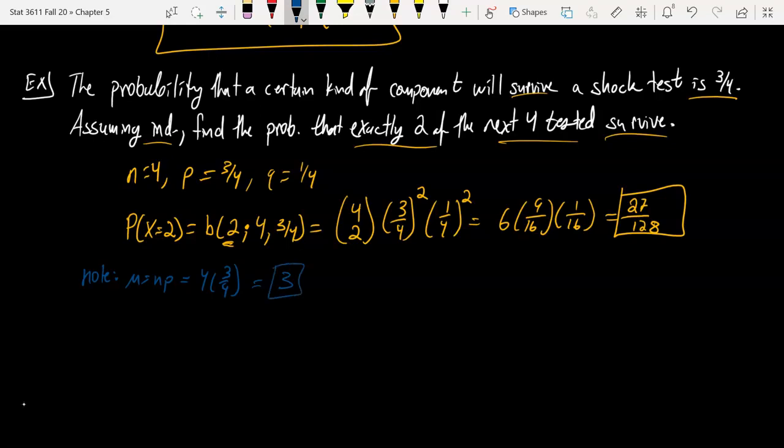So the mean would be 3. And the variance would be npq. Well, we know n times p is 3, so it's going to be 3 times q. So 3 times 1/4. The variance is 3/4 in this case. So the mean is 3, and the variance is 3/4.